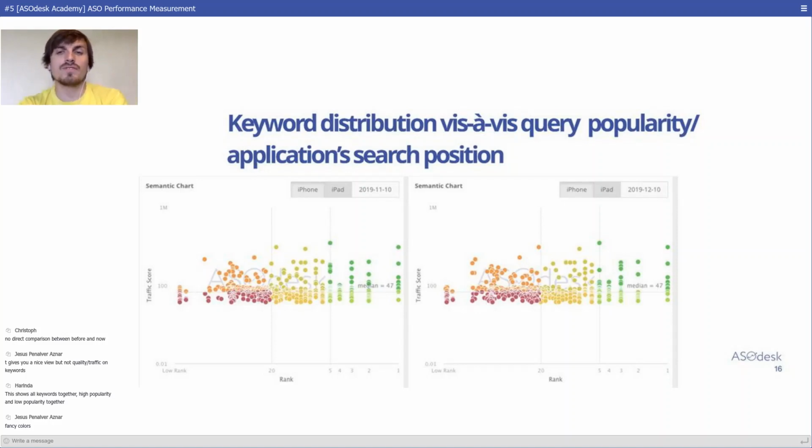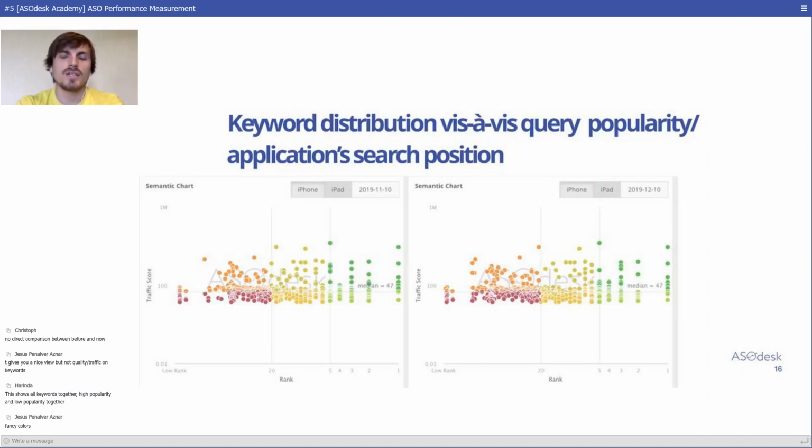We show 3 visibility zones. You remember I was talking about them yesterday. So we have a visibility zone from 1 to 5, from 5 to 20, and all the rankings below 20. So here in the semantic chart, we have these zones: green, yellow, and red.